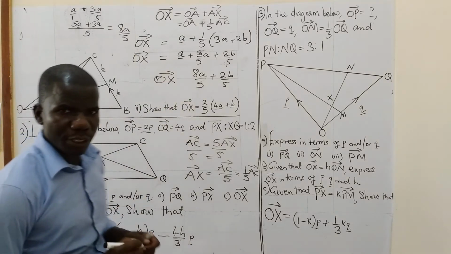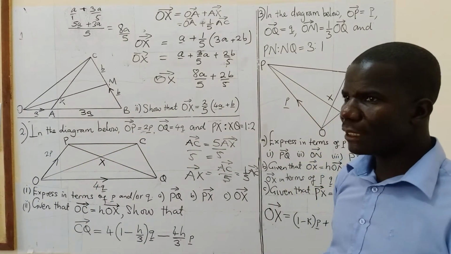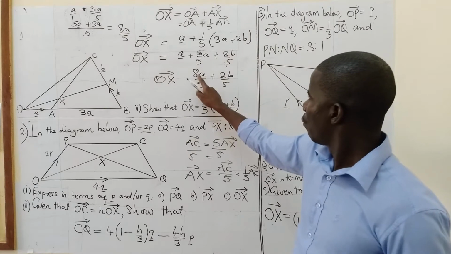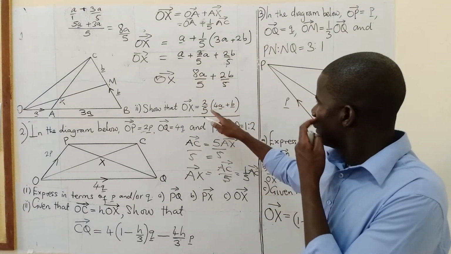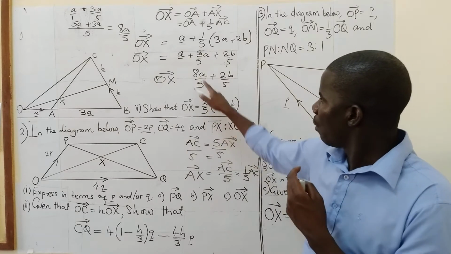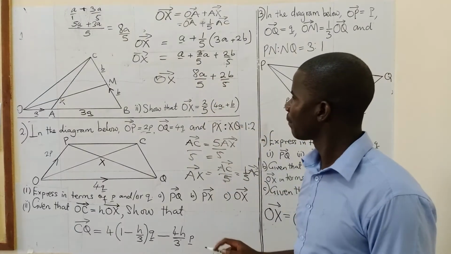So now at this point, if you look at the numerators, here, 4, 8 and 2, what is common? 2 is common. On the numerators, 2 is common. That is why we have these 2 here.